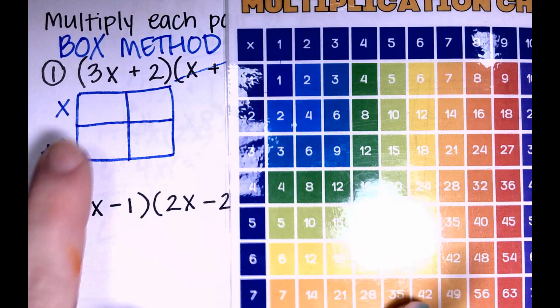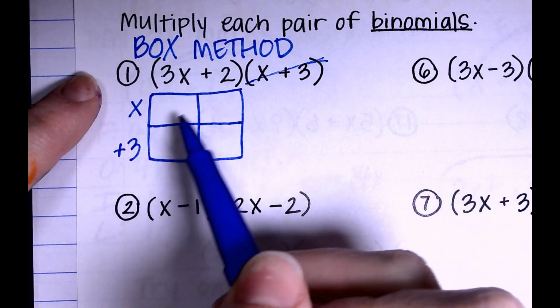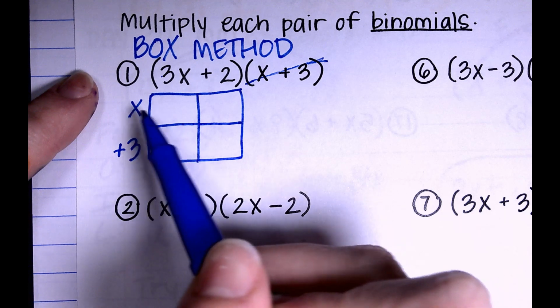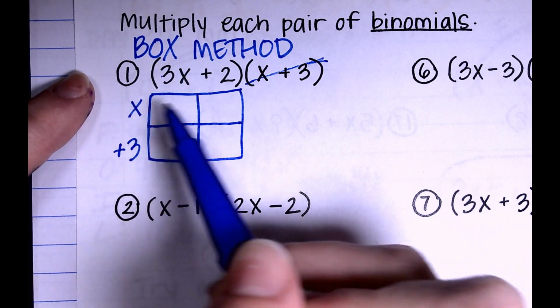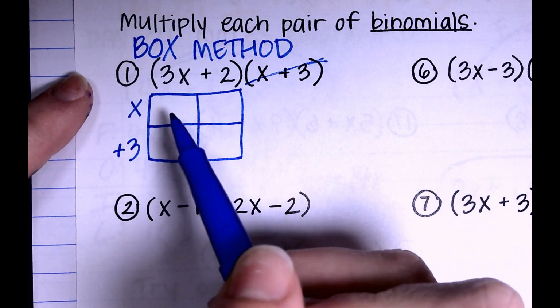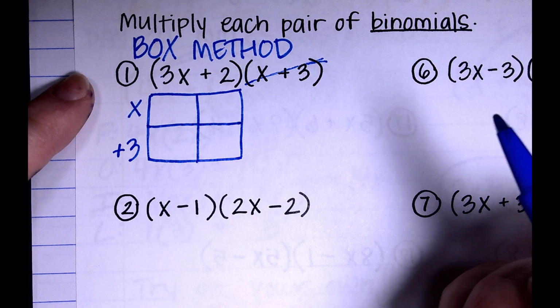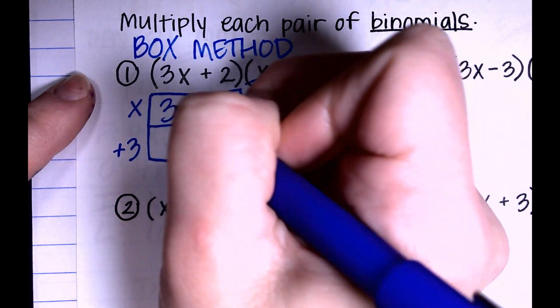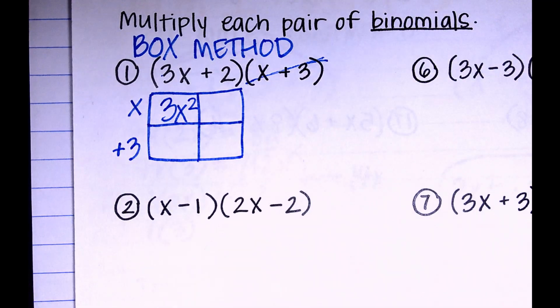Okay, we're going to do the same thing with this box. So in my first box, I'm multiplying x times 3x. What is 3x times x? 3x to the second power. 2 x's, 3x squared.